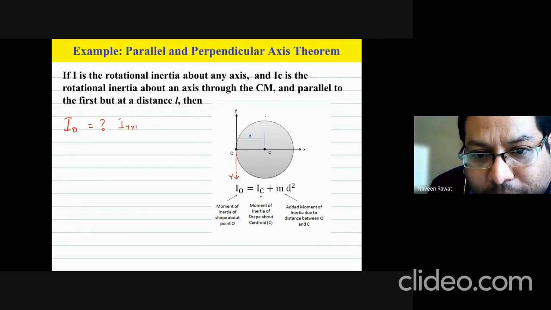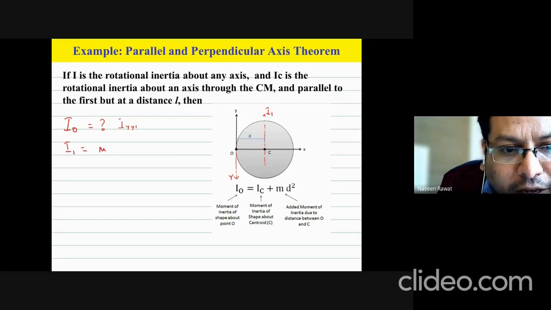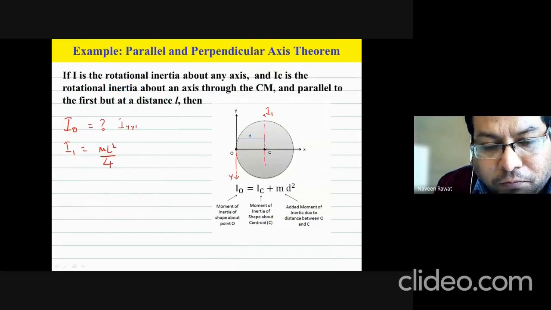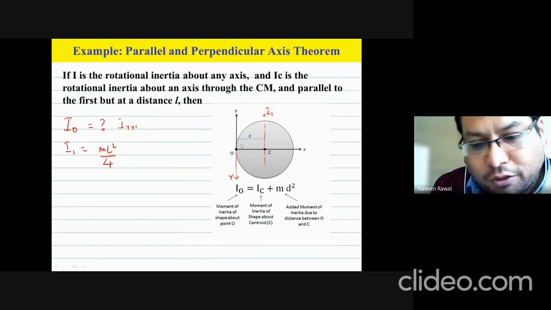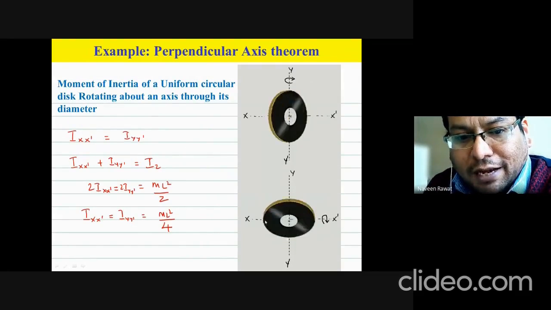We just calculated this a while ago. Along this axis, the value, let's say this is I1, was ml square by 4. That is what we got, right? And now I am calculating for a distance away from this, that is at a distance of L from this center.